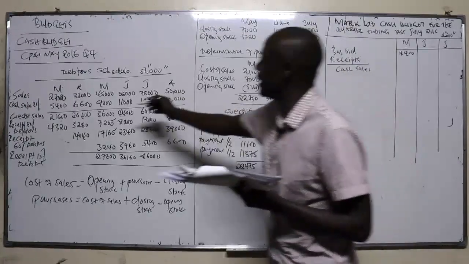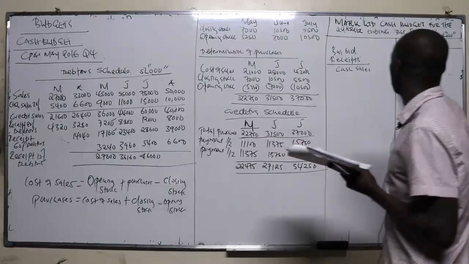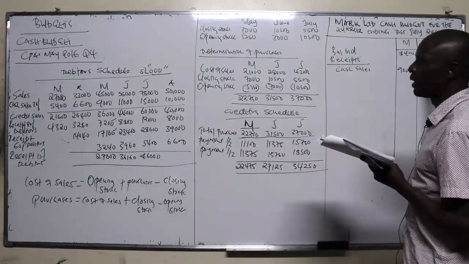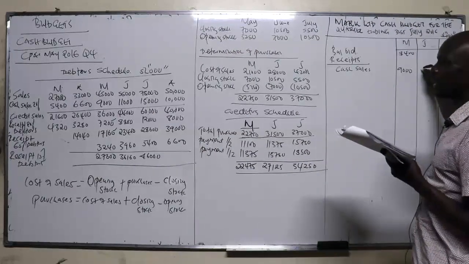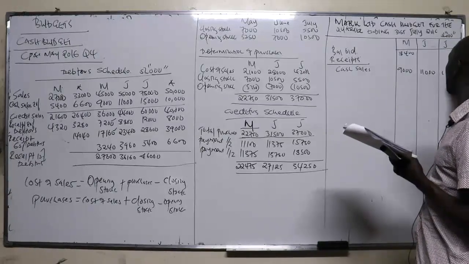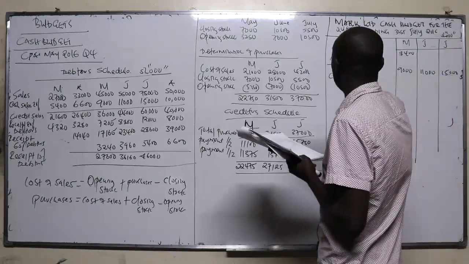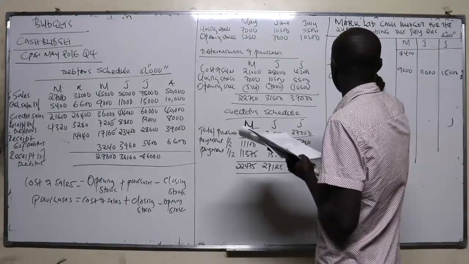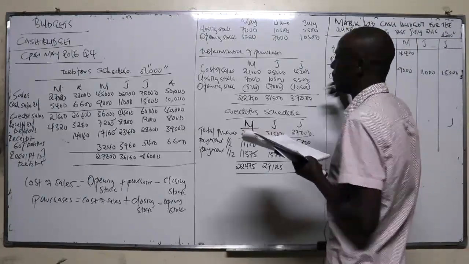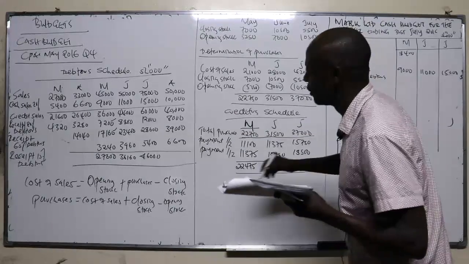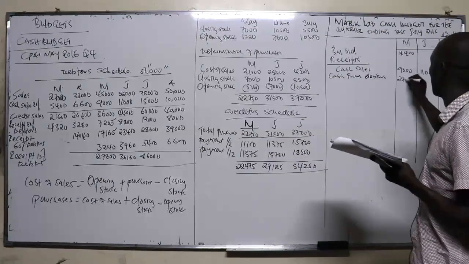Cash sales in the month of May was 9,000. And then the other one, 11,000. Then we have cash from debtors. So 27,000, isn't it? 27,000.